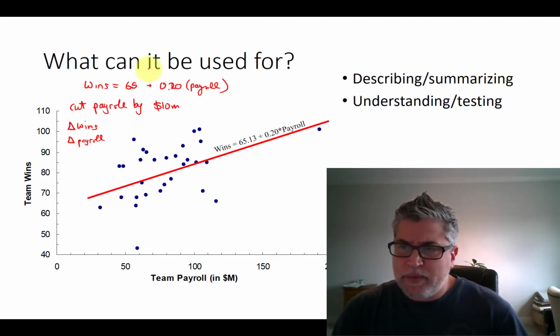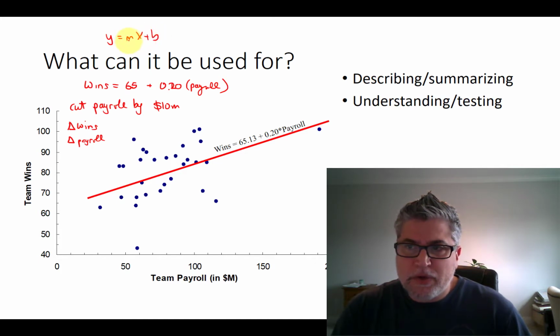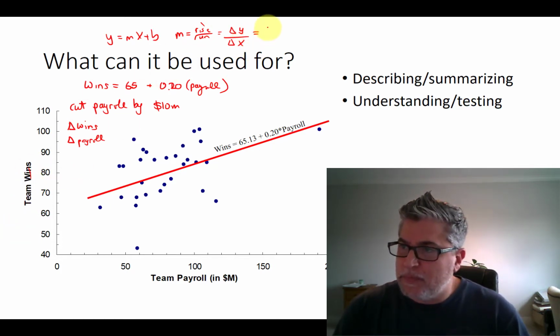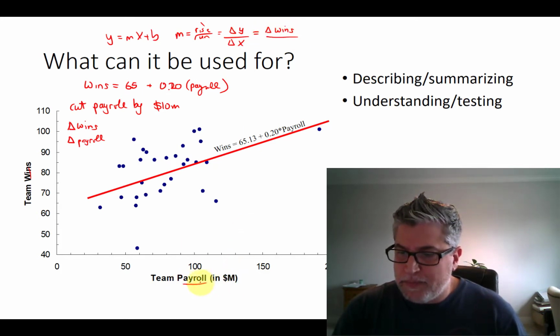All right, now remember, your slope is rise over run. It is the change in your y variable divided by the change in your x variable. Our y variable is wins. Our x variable is payroll.